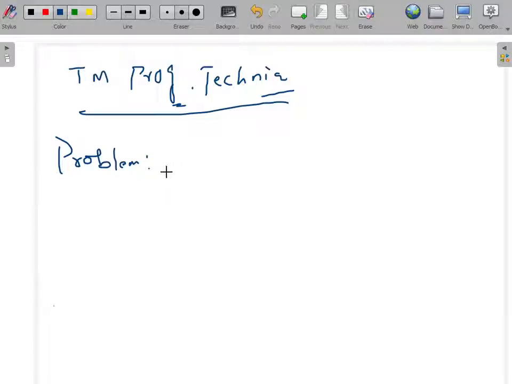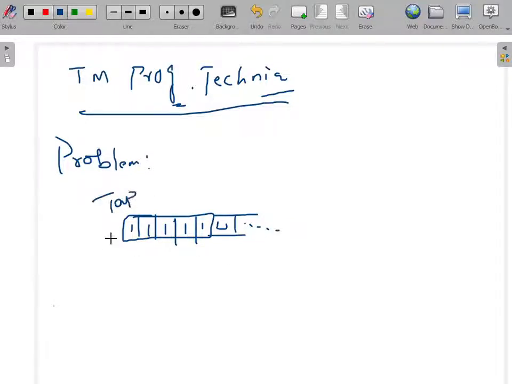Like in the previous video, if I have a tape like this, with cells 1 2 3 4, then 1 1 1 1 1, and so on. This is our tape, as we discussed in the previous video, and here is the tape head.